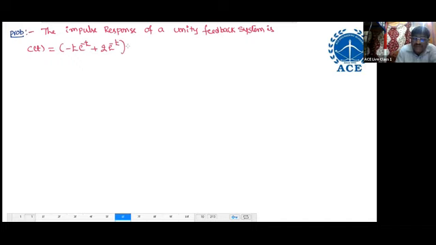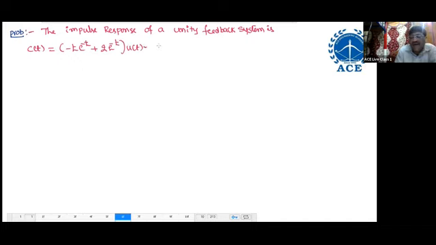The impulse response of a unity feedback system is C of t equals minus t e power minus t plus 2 e power minus t, u of t.